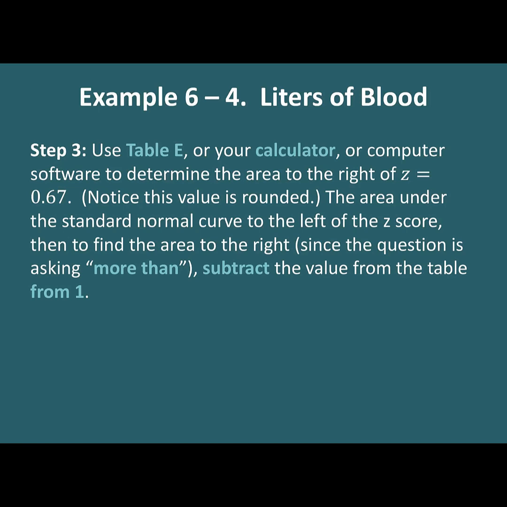Now keep in mind that the table gives the area under the standard normal curve to the left of the z-score, and then we use that area to find the area to the right. Keep in mind that this question is asking for more than. So in this case, we're going to subtract the value we find from 1.